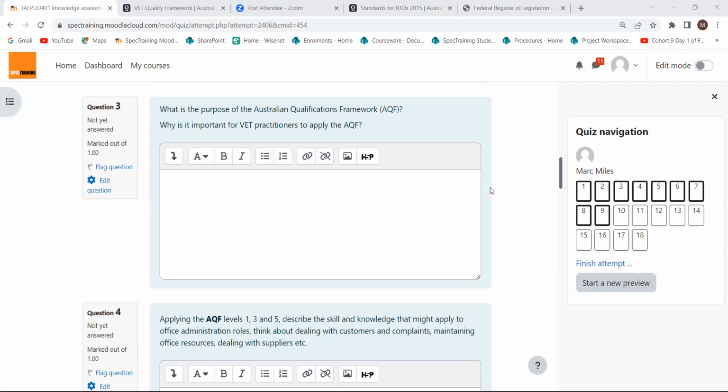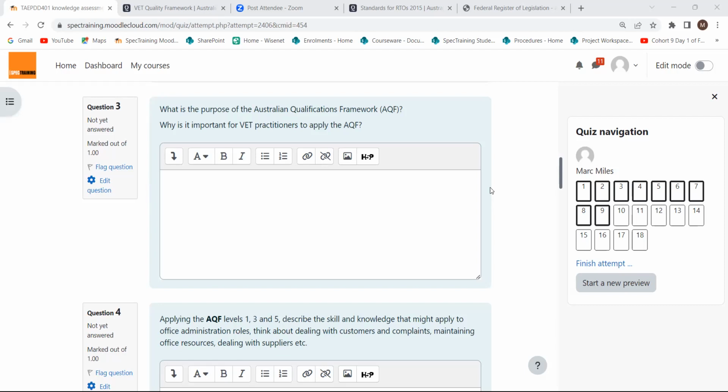So the purpose is basically to stipulate what the expectations are and how someone should be trained, what level they should be trained to at each qualification, and essentially what the assessed performance should look like. All right. So that's basically the purpose. Why is it important for VET practitioners to apply the AQF?